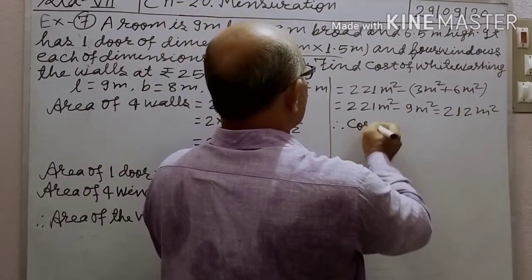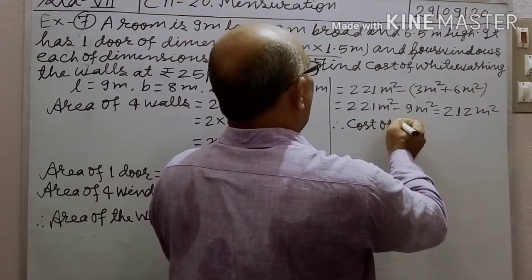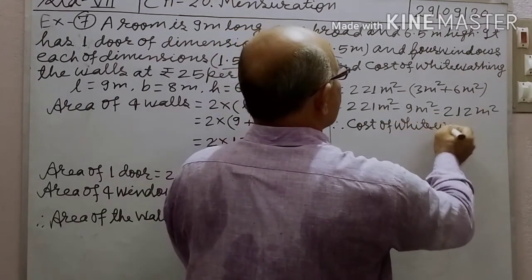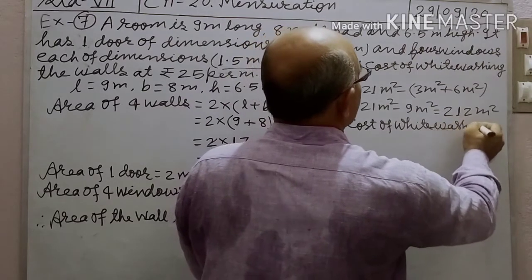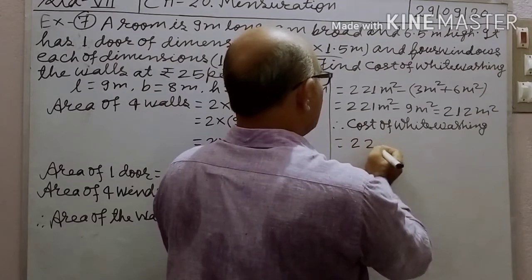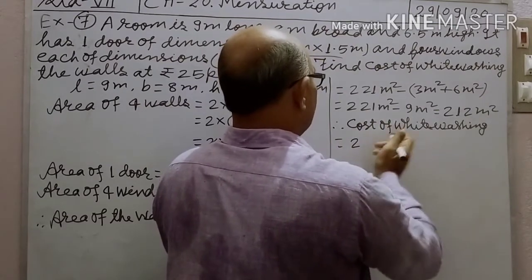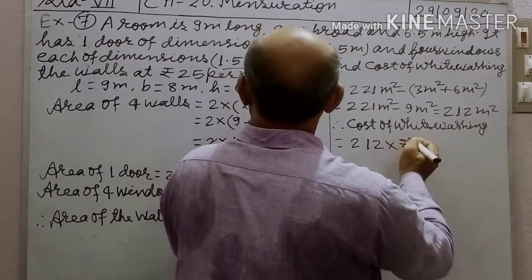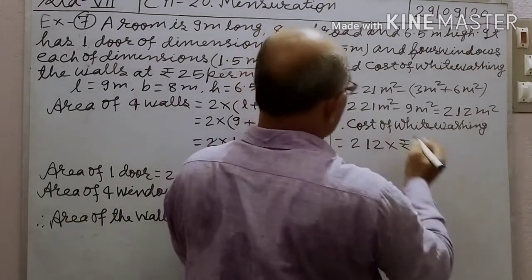Therefore, cost of whitewashing equal to 212 into rupees 25 per meter square.